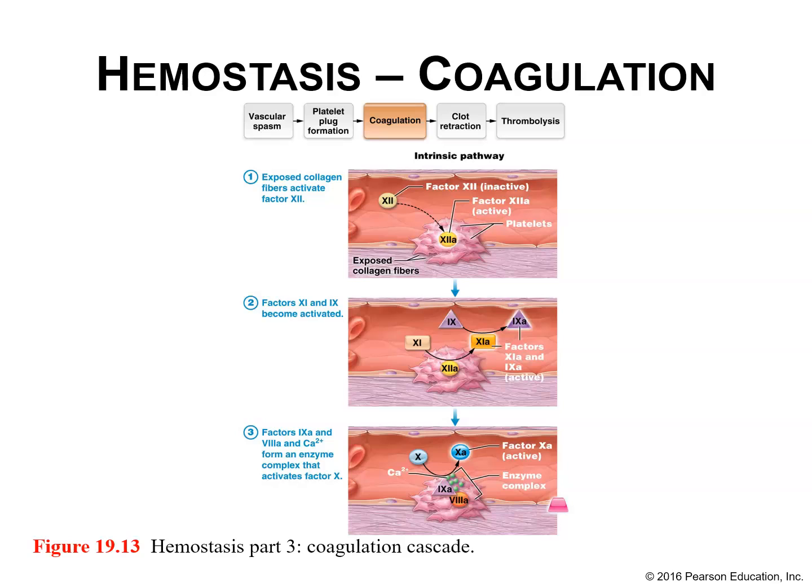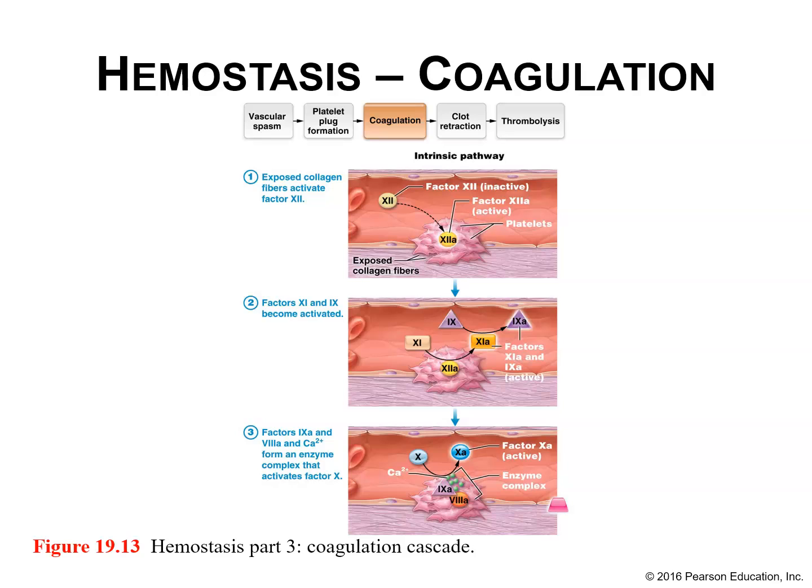So first, in your intrinsic pathway, exposed collagen fibers will activate factor 12 to 12A. There's your exposed collagen, there's your platelet plug, and there's your factor 12, which is inactive, then active once it's exposed to these collagen fibers.